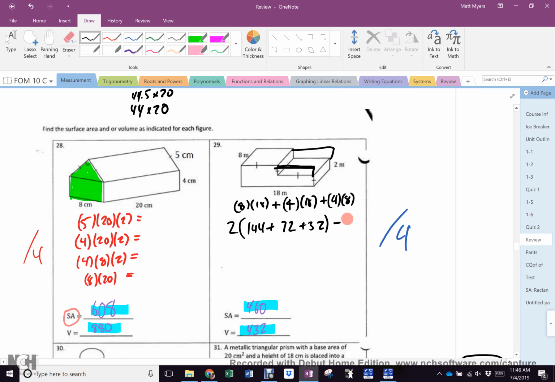So I would subtract 36 because this is 18 and this is 18 and that's missing, right? And that would get me 460. Volume, I would find this whole area because that shape is repeated at the back and I would take all that blue and do times 8 for the height because it went backwards. Good?